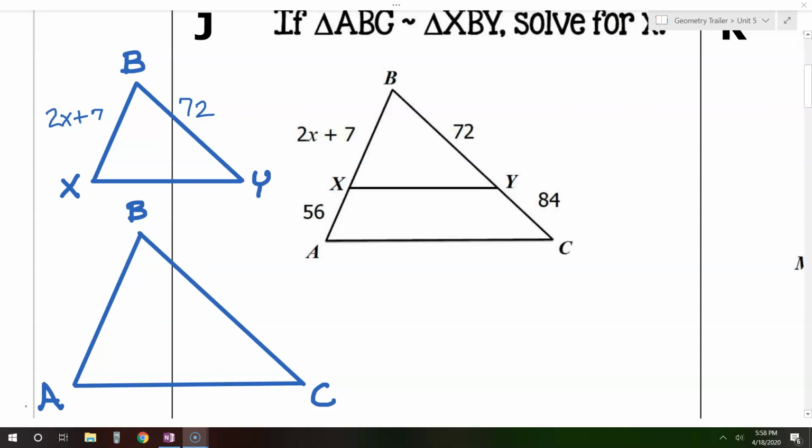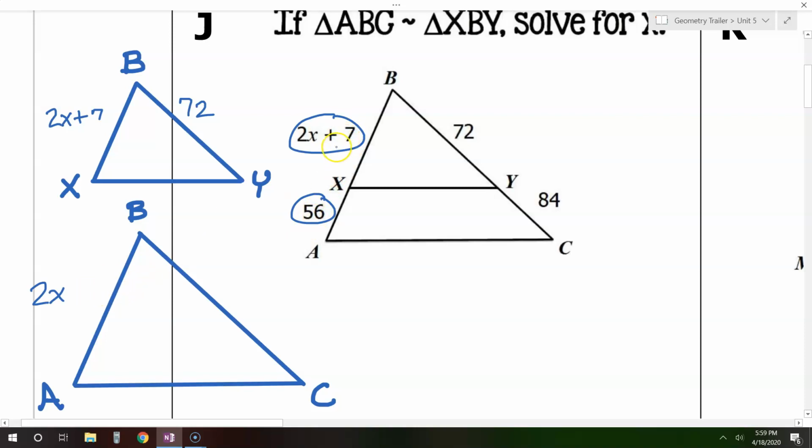Anyway, so looking at the large side AB, that's going to be this plus this. So we're really just combining like terms. So we're going to have the 2x, but then the 56 and the 7, those are like terms.